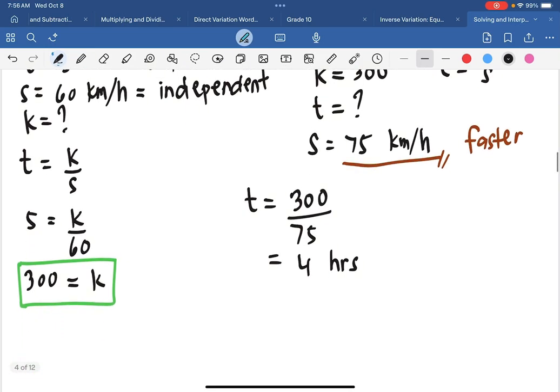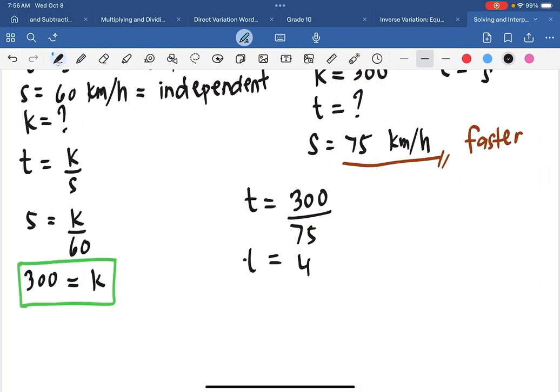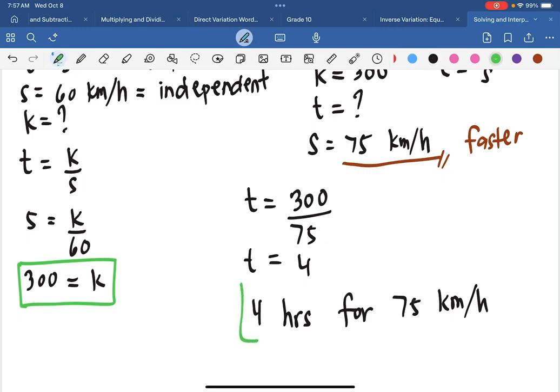So if we are going to write it, it will take 4 hours at a speed of 75 kilometers per hour. So that's it. So it is now faster when it comes to speed and shorter when it comes to time.